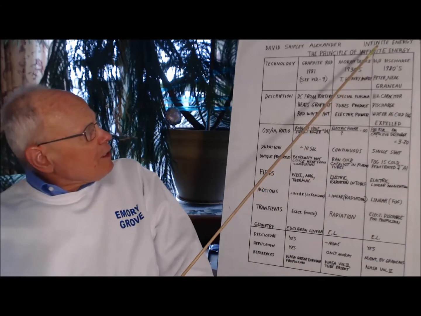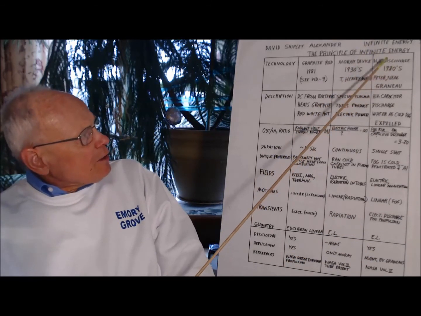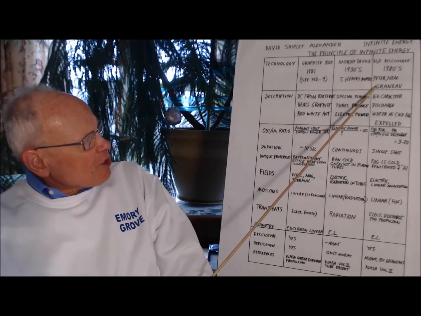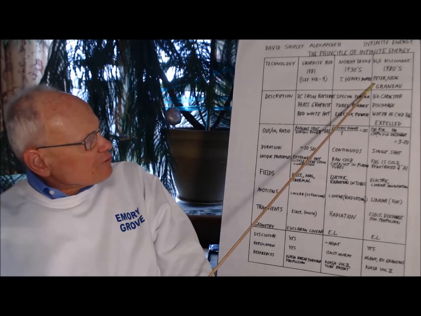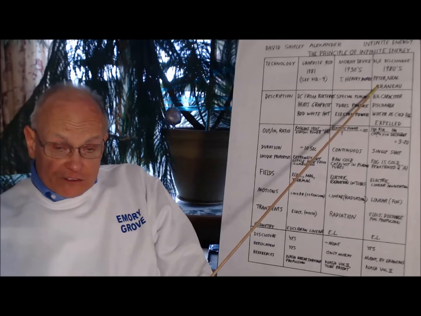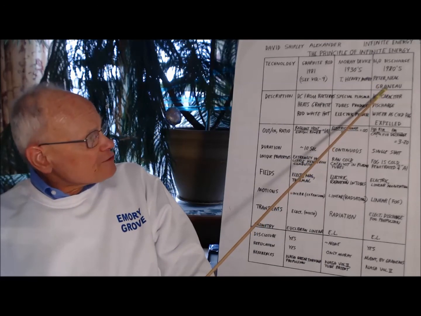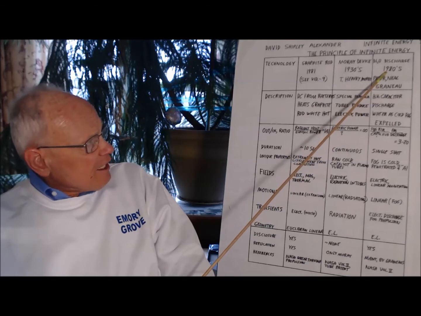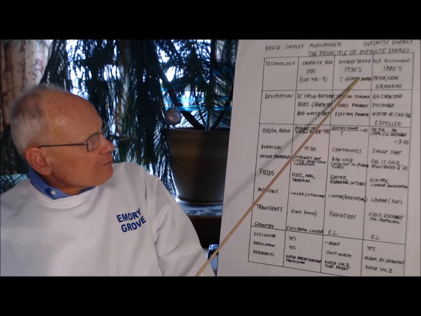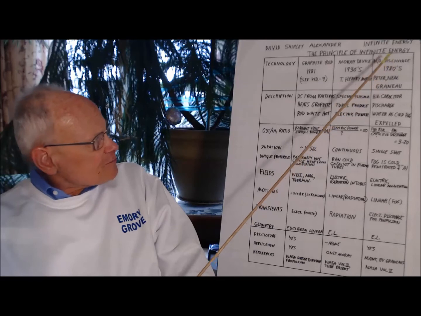The third technology was the water discharge experiments done by Dr. Peter Graneau and his son, Dr. Neil Graneau. Most of that was at MIT in the 1980s. And it was their water discharge experiments.